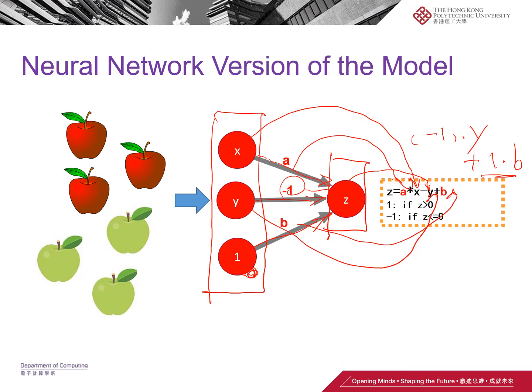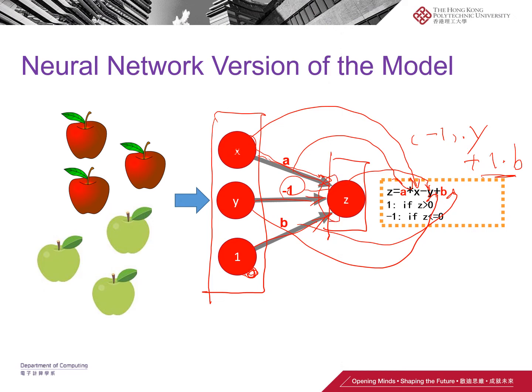So with that graph, we can do the calculation: every time we multiply the value of a node with the edge, and we send them to the next node, z here. And in the z node, we will add all the results from the edges together.